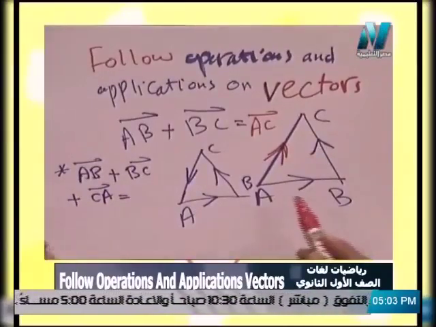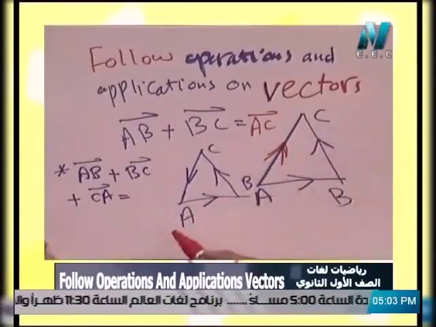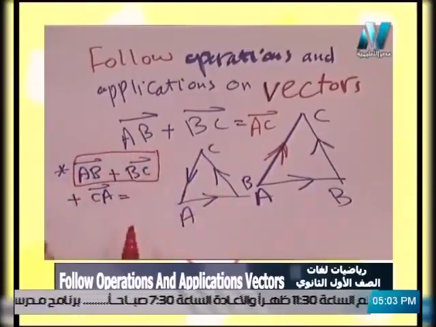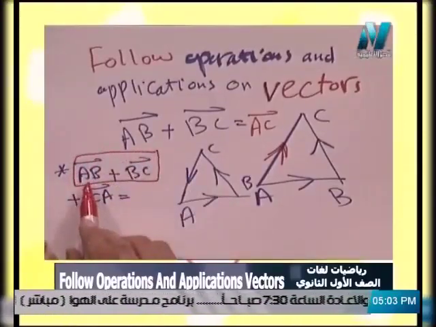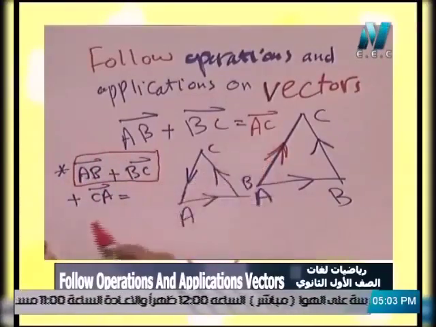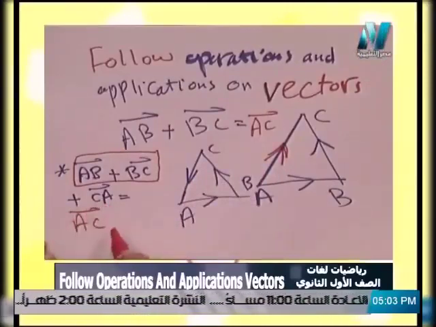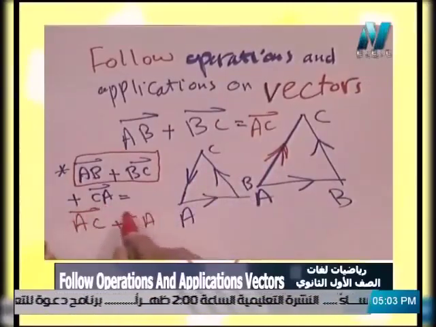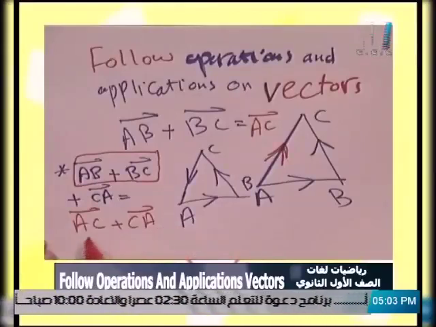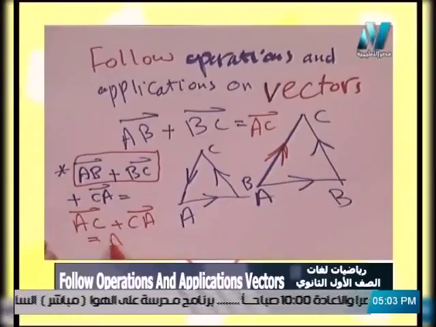We have said before that AB plus BC equals AC. So we can substitute the vector AC instead of AB and BC. So we now have the vector AC plus the vector CA, which equals what? Of course, this vector equals negative this vector.